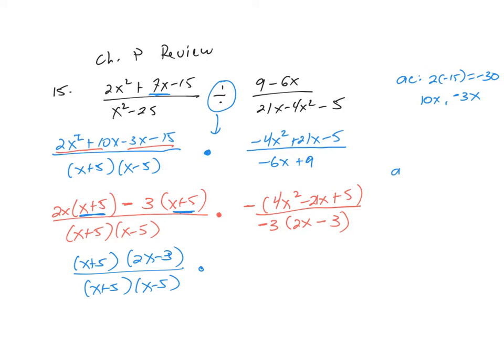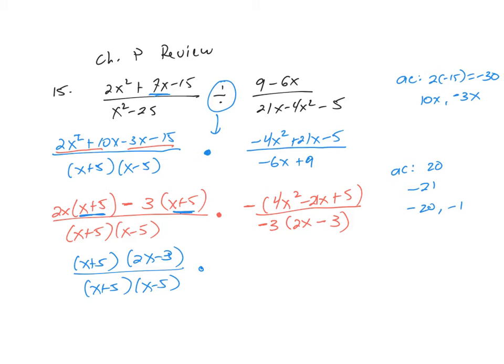So I could do AC method again. I'd have 4 times 5 is 20. And then I need two numbers that multiply to 20 and add to negative 21. So those two numbers are going to be negative 20 and negative 1.